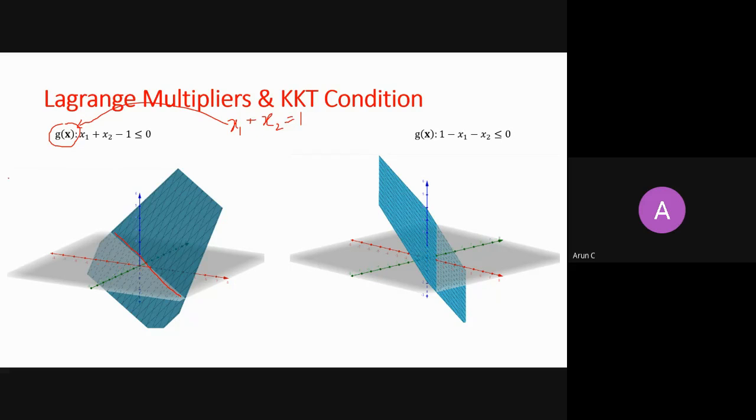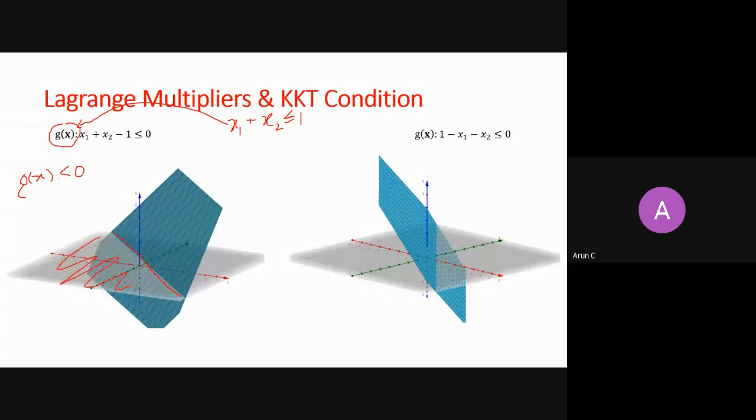So the idea is that I want to put my g(x) always less than 0, right? If I say that x1 plus x2 is less than or equal to 1, it means I'm talking about this area.